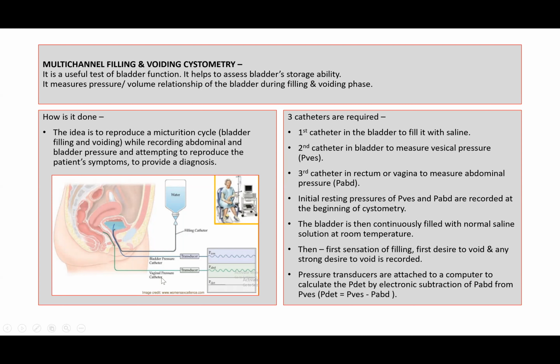Then the third catheter is inserted either in the rectum or the vagina to measure the abdominal pressure. Before starting cystometry, the initial resting pressures of the bladder and abdomen are recorded, that is the P vesical and the P abdominal.